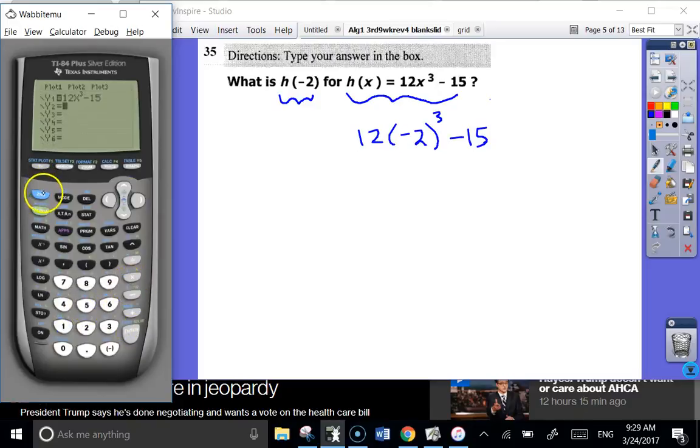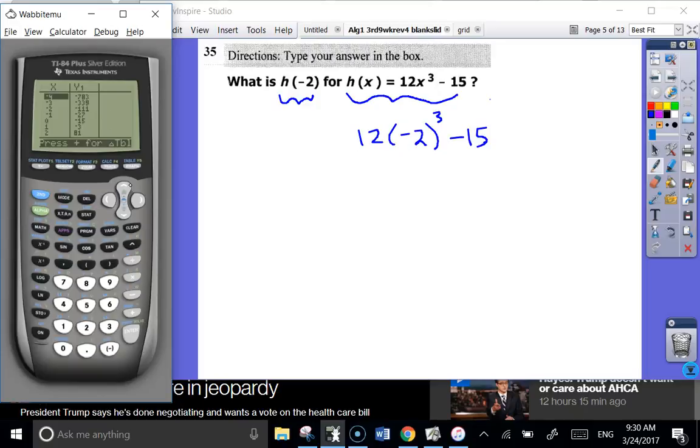And then I don't need to look at the graph. I'm going to go to the table right away. Where x equals -2, what does y equal? -111. Yep, that's the answer. That is h of -2, with whatever the y value is right there.